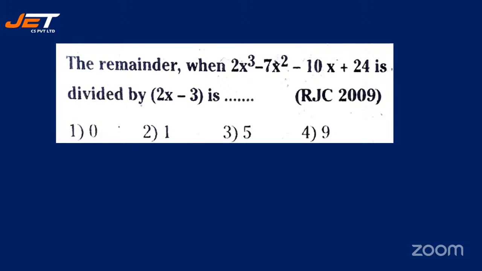So you should have x cube, x square, x term, then constant, isn't it? So time is running.